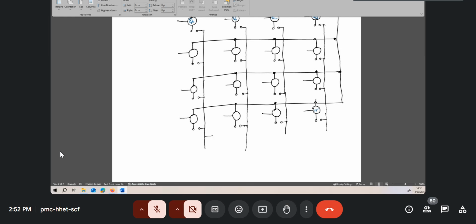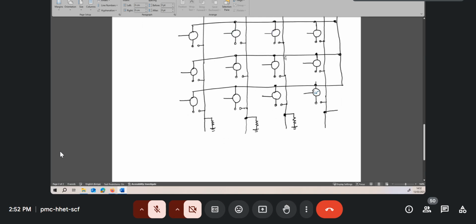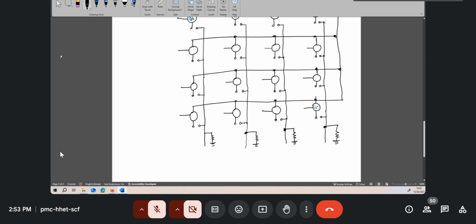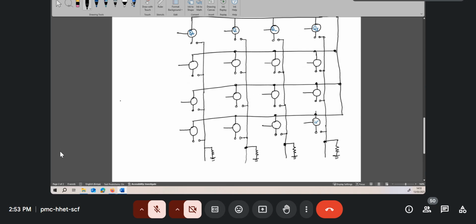We recall our pull down resistors, so we also indicate them here. Then we have all our gates.